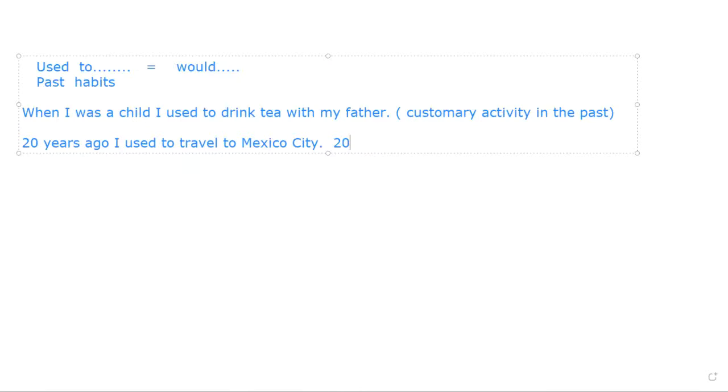But in that case, as I said, used to is not applicable. Used to exclusively refers to activities that can no longer be performed in the present. There is no way they exist. They no longer exist, definitely.